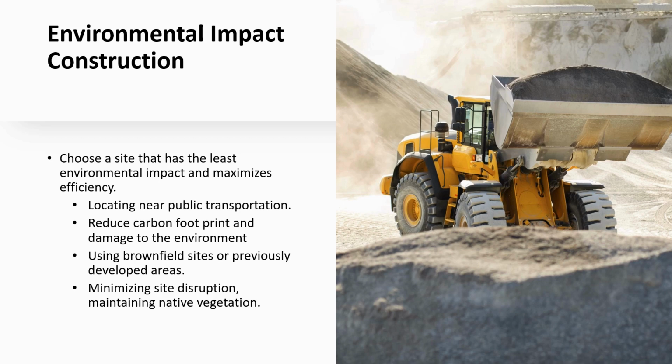The first one is locating near public transportation, which can reduce the carbon footprint and damage to the environment. Using brownfield sites or previously developed areas, and minimizing site disruption, at the same time we try to maintain native vegetation.